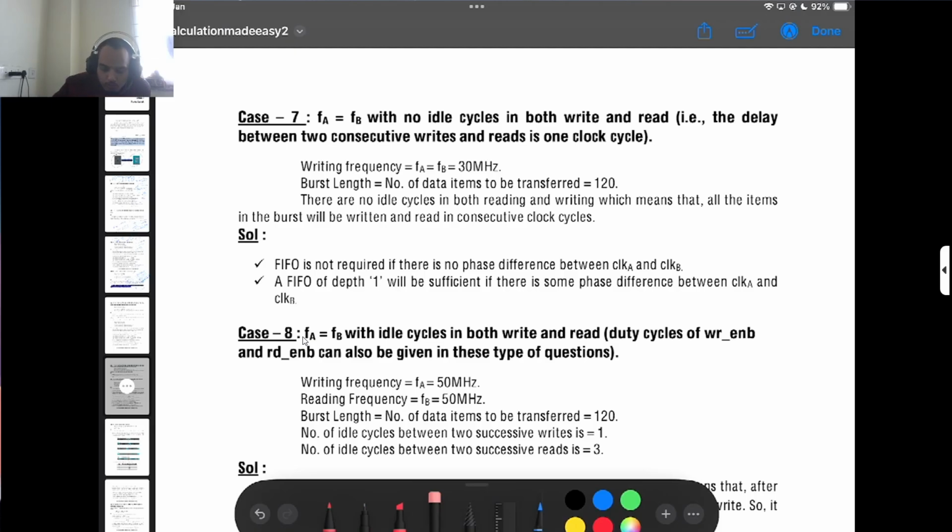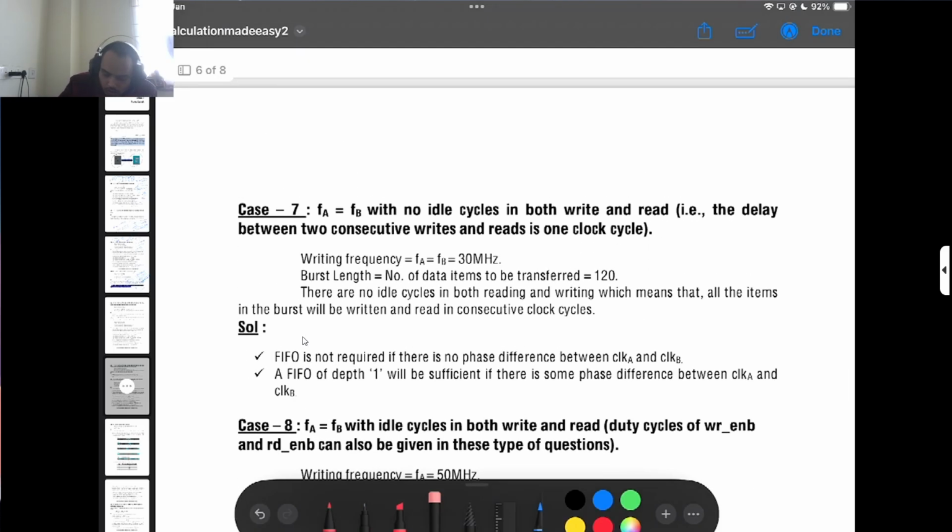So yeah, this concept is very much clear. What is told here is that I have two blocks, block A and block B, but the clock cycle is not idle. So the frequency of the clock is 30 megahertz, 30 megahertz both, whatever the frequency is.